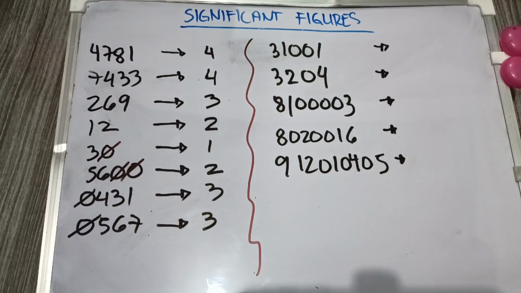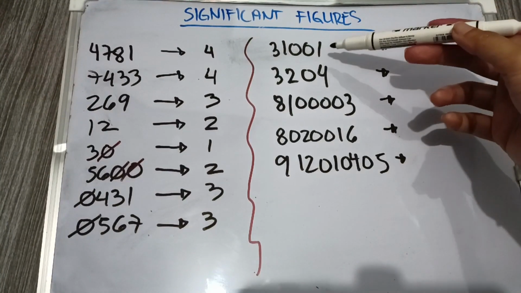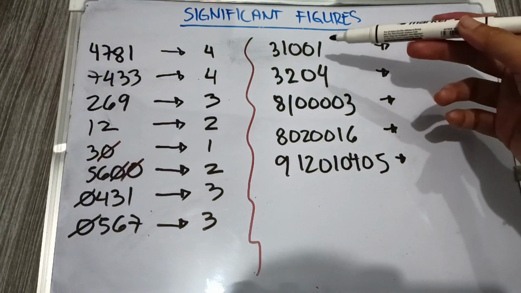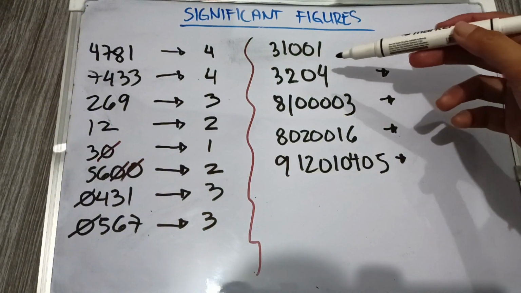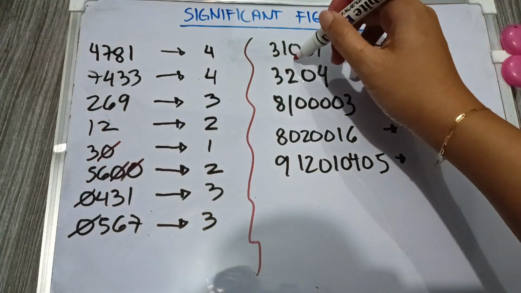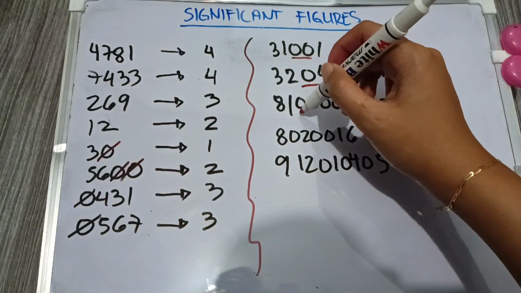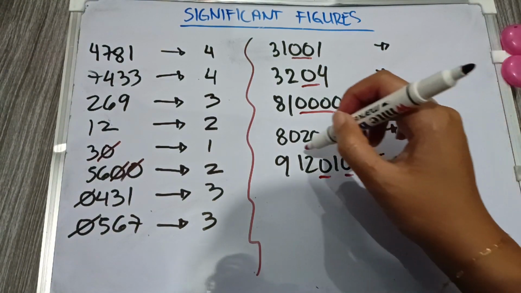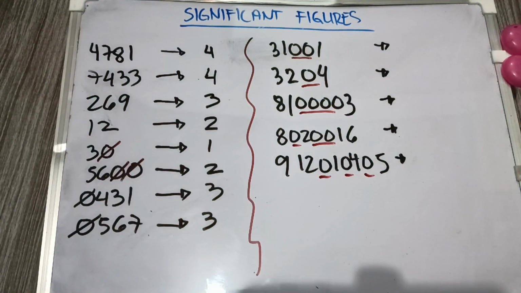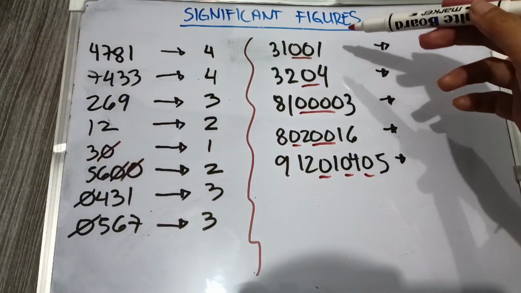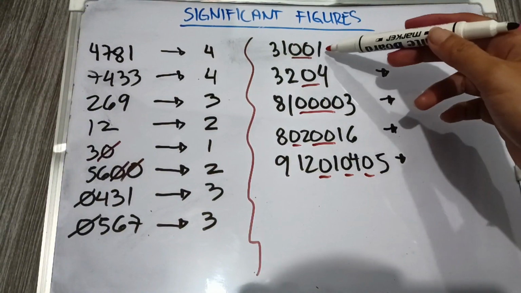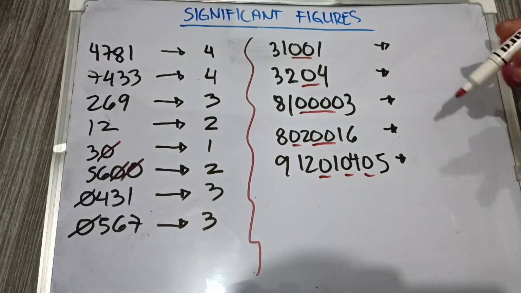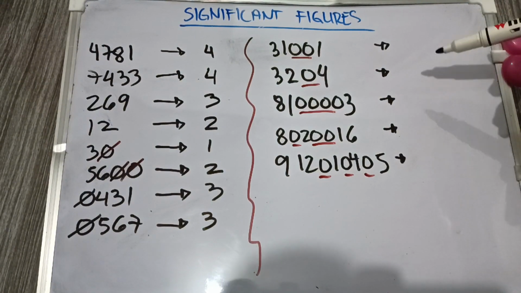Now what if the zeros are in between the non-zero digits? I'm talking about the zeros between significant figures. Okay? So zeros that are between these non-zero digits are significant, so we can count them as significant figures.